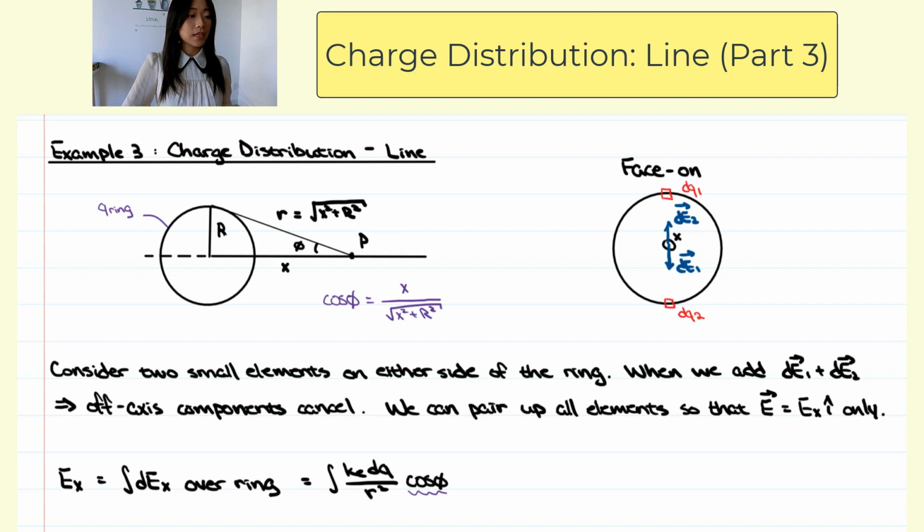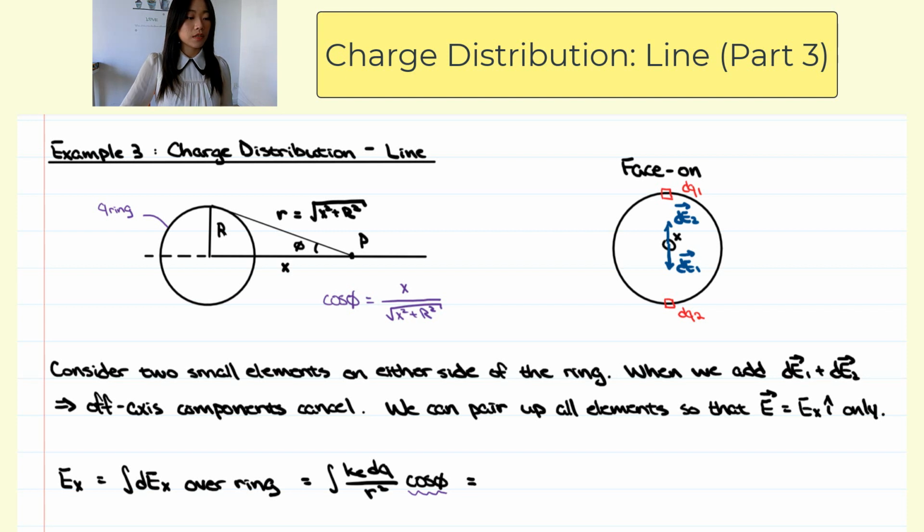And note that the x and the R, they are both constant. The x is the distance from the center to point P, and R is the radius of the ring. So they are constant in this integral, so we can put them outside the integral.